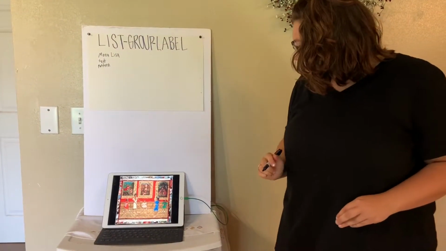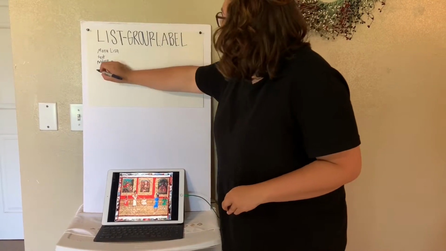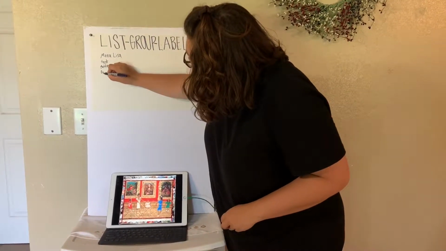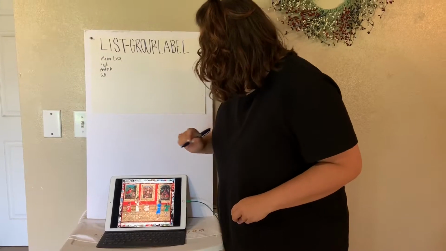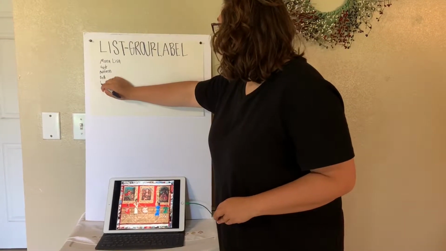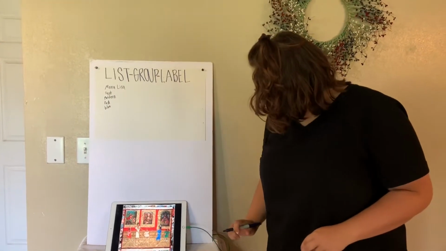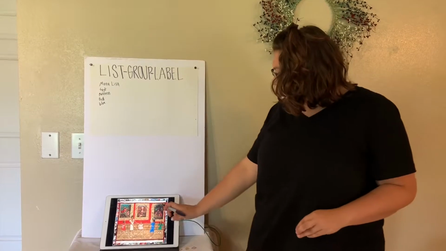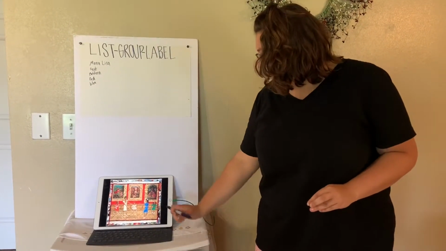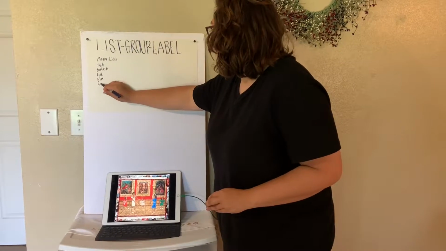Or there's also a bunch of red. There's lots of red in the quilt. There's also some blue going on. There's also texture in the frames. There's texture in the floor. So we can write that down.